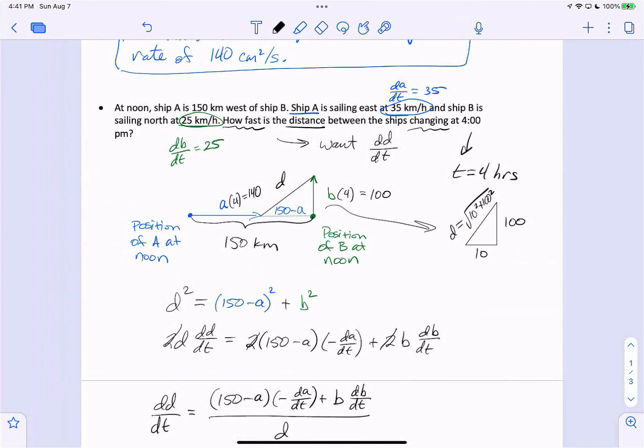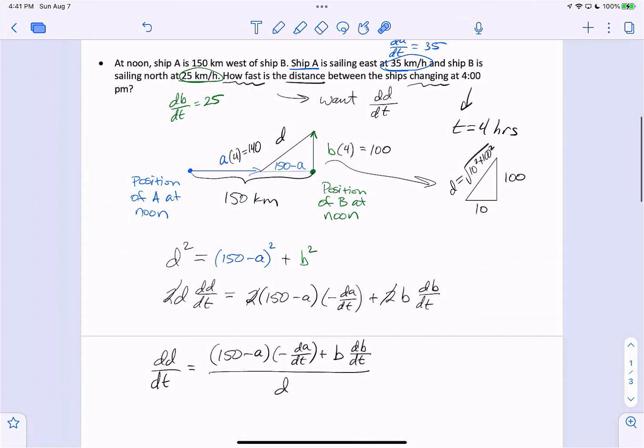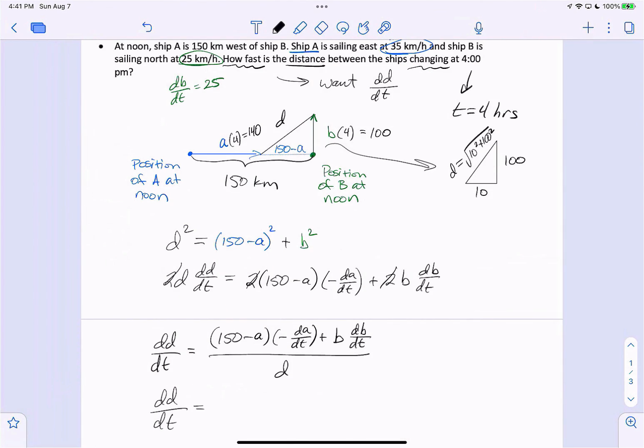Now I have numbers to put everywhere in this expression for dD/dt. dD/dt is equal to 10 for 150 minus A times negative 35 for negative dA/dt plus 100 for B times 25 for dB/dt divided by the square root of 10 squared plus 100 squared.